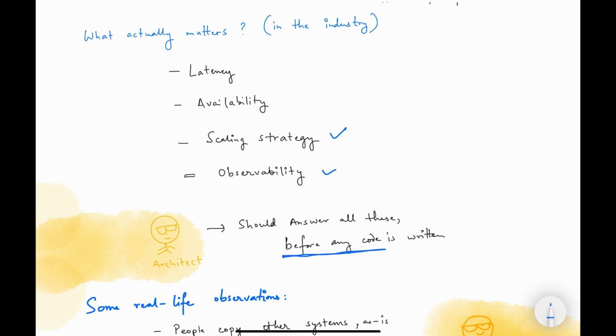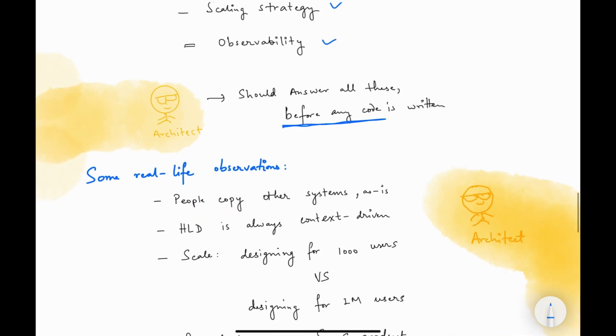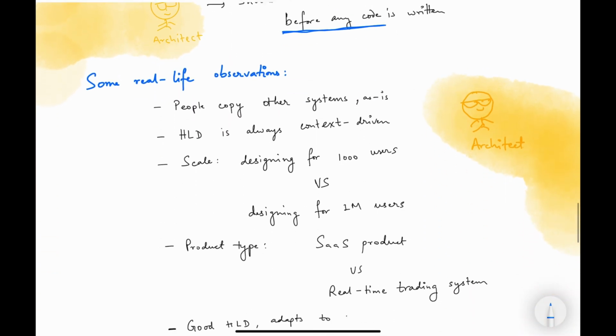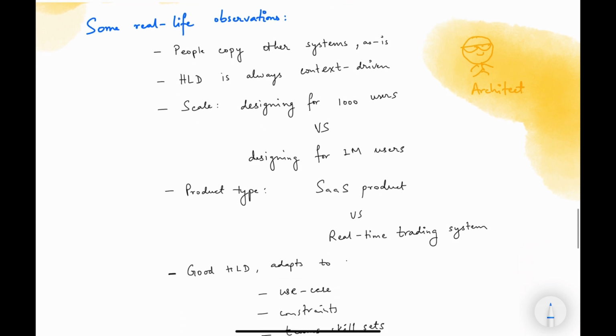That is the work of an architect, to have a proper high level design ready, so that it creates a thought process amongst the developer team, and that thought process slowly converts into low level design, component by component. Some real life observations from an architect's perspective: a very dangerous thing that happens is people just copy other systems as is.